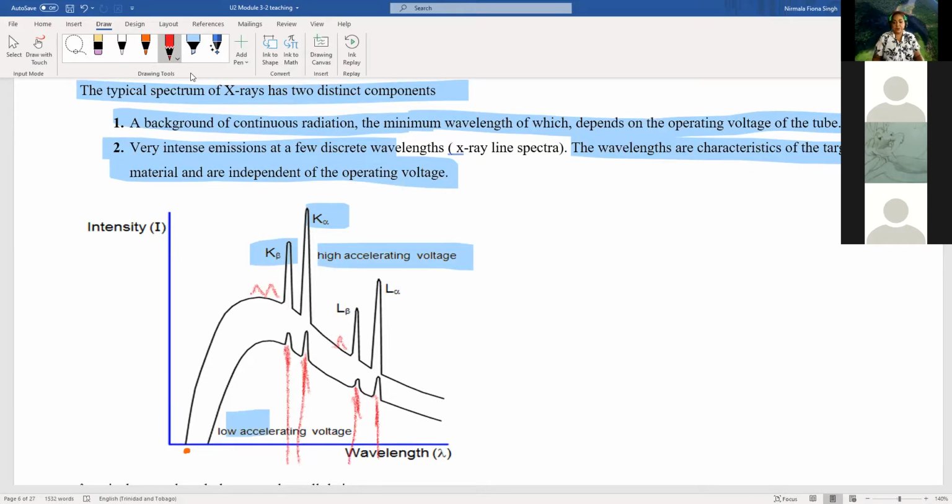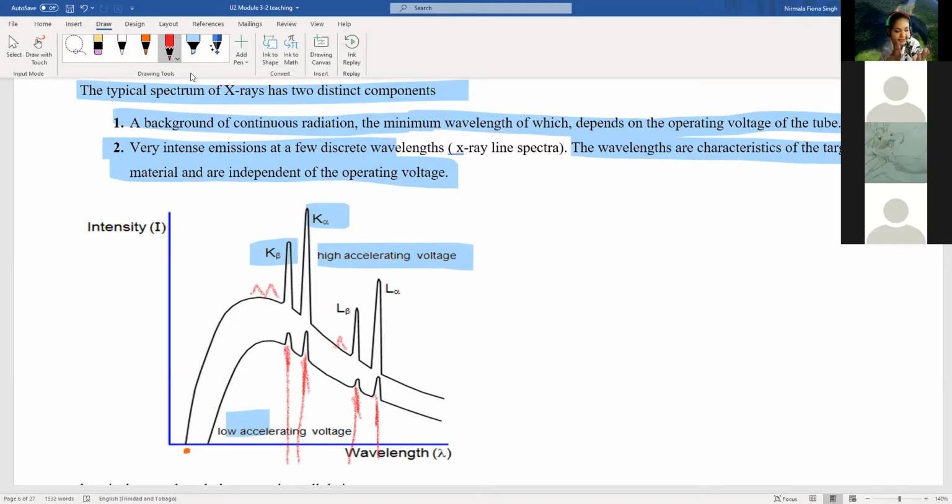So here, all we're doing when we use a higher voltage is giving our electrons more energy. But they will still give those peaks at the exact same point because those are indicative of the metal itself.